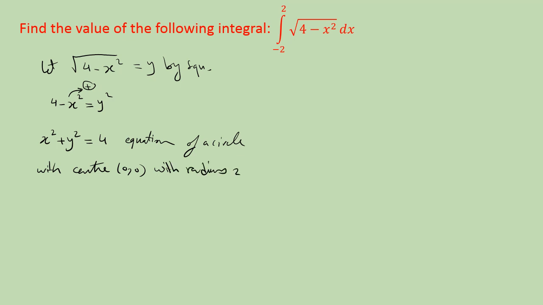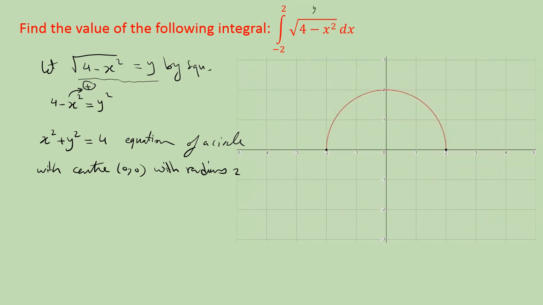So let's graph the following function, y equals square root of 4 minus x squared. Let's graph this function. Okay, we notice that this is a semicircle.